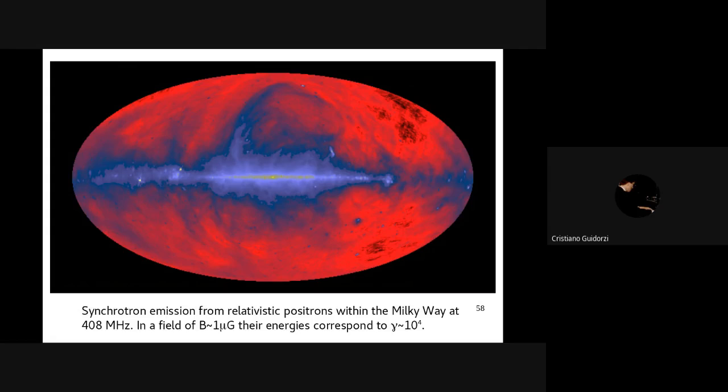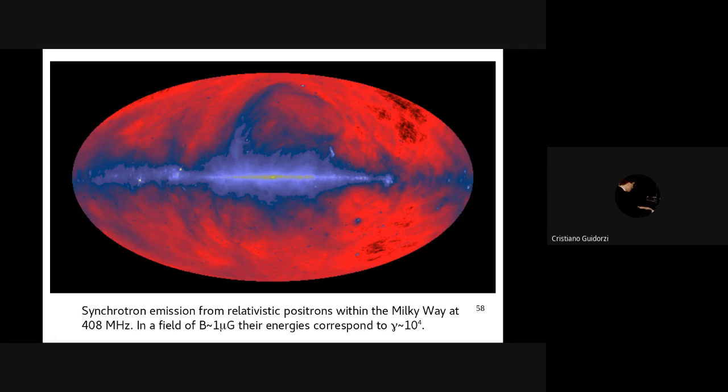But this has to be the critical frequency of given electrons. So you know B, the intensity of the magnetic field, and you know the critical frequency, so you have all the ingredients to work out the Lorentz factor of the electrons which are responsible for this synchrotron emission.